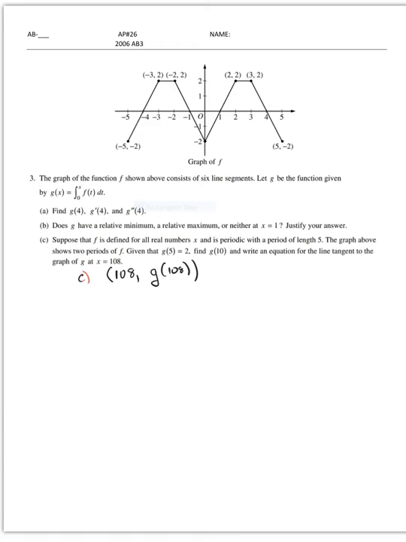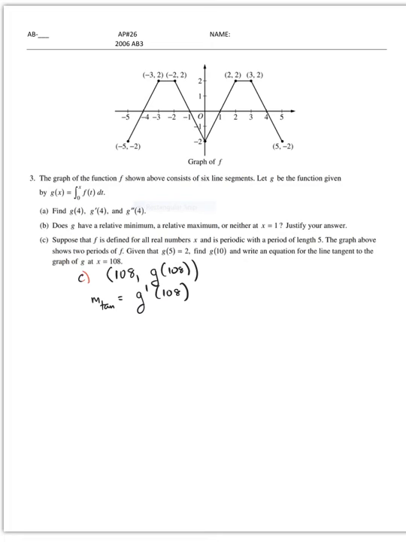And we also need the slope of the tangent line. And the slope of the tangent line is the derivative of g at 108. However, we have to find what this is equivalent to with a period of length 5. So let's think about this.